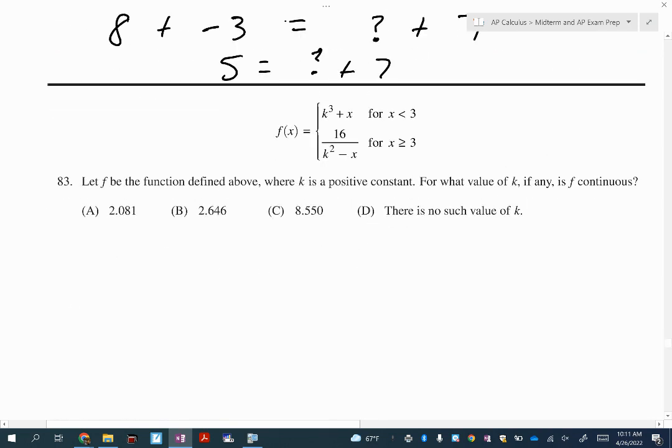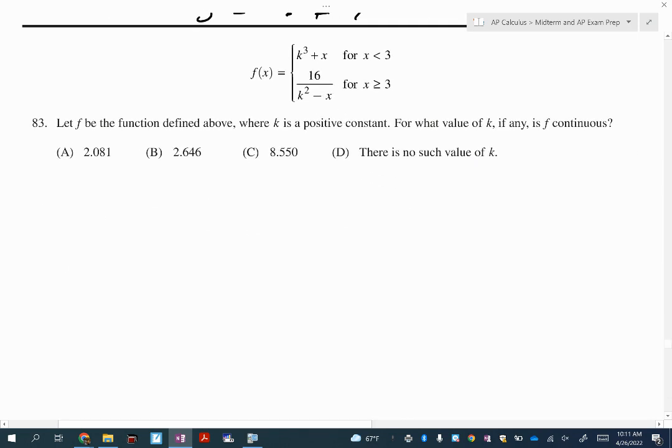All right, and finally for number 83, before we stop for the next part, with this one, when we did this in class, it required a lot of work to do this algebraically. But because you know that the answer has to be one of these values or no such value, you can go ahead and use the technology to help you. So I just start by plugging in the first one for my k.